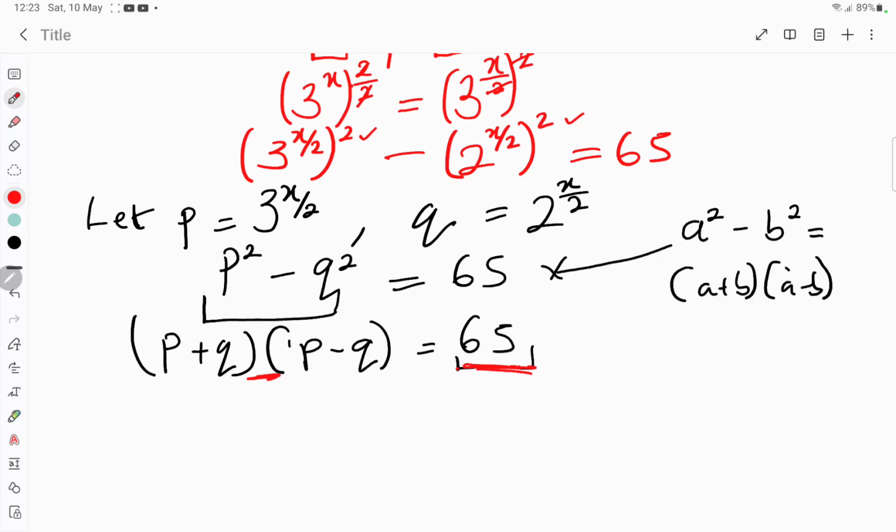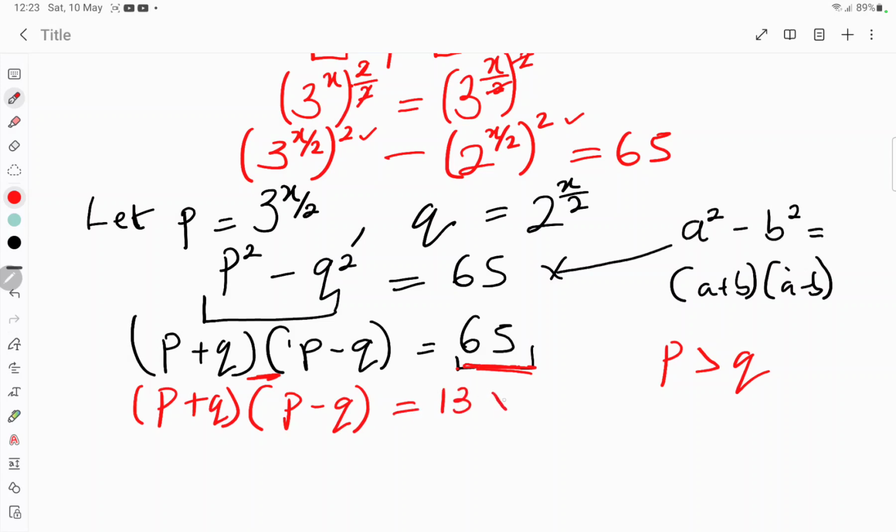Looking at this clearly, since this is a positive solution, it shows that p must be greater than q. If you agree with this, when we have p plus q in a bracket into p minus q, we cannot have it be 65.